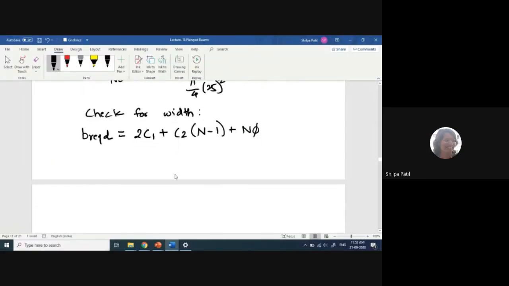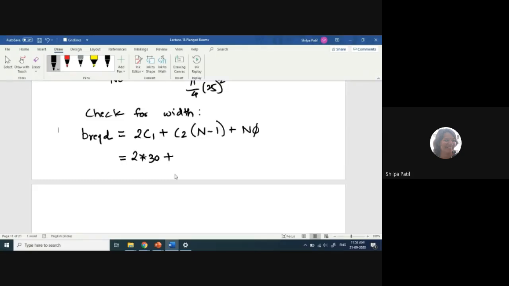What is C1? 30. It is the side cover, which we normally assume as 30. So 2 into 30, plus C2, which is the spacing between the bars.